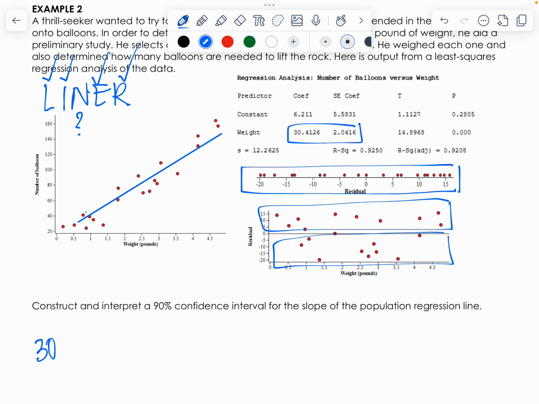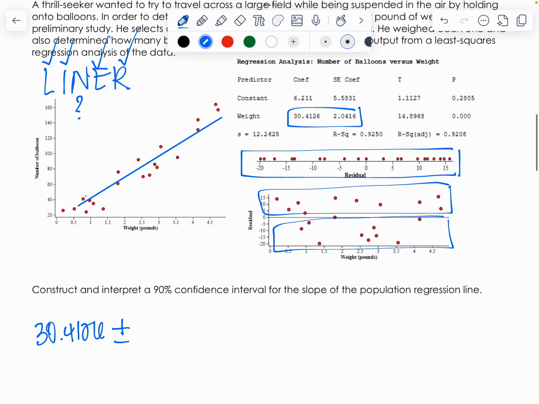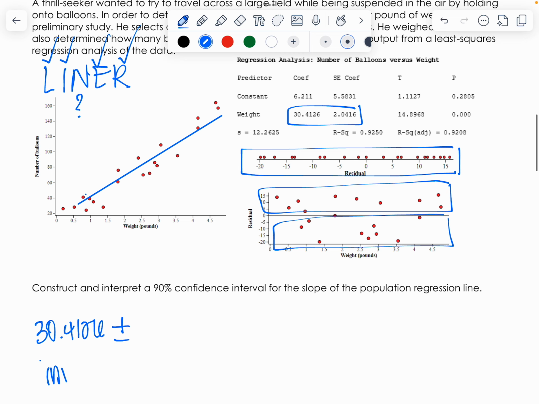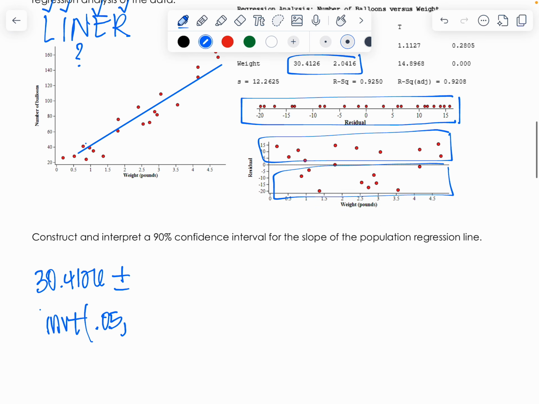We're going to start with our sample slope of 30.4126, which would tell me that for every 1 pound of weight, the number of balloons needs to increase by 30. Plus or minus our t-score, right? So we're going to use inverse t with an area of 0.05 because we have 10% total. We did 20 rocks of various sizes minus 2 because 2 variables is 18 degrees of freedom.